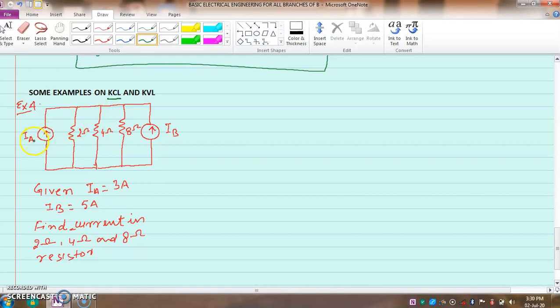You see here, it is given that current IA is a current source because an arrow is shown here, and it is independent also. For a dependent source, how can you identify? This is the symbol for a dependent source. If an arrow is given, then it is a current source. If plus minus is given, then it is a voltage source. But this symbol is for a dependent source.